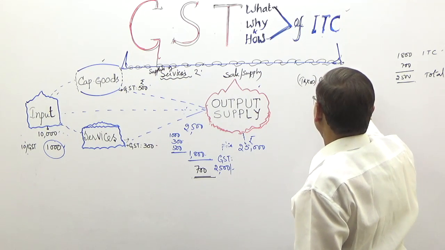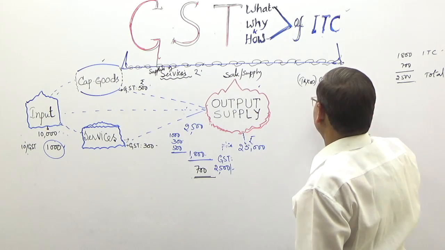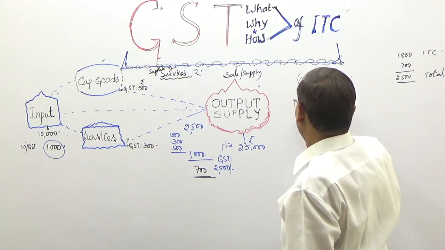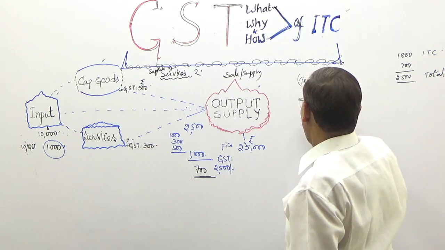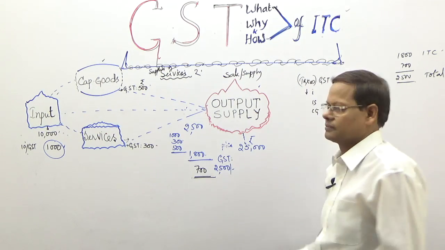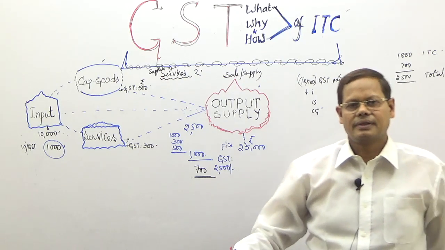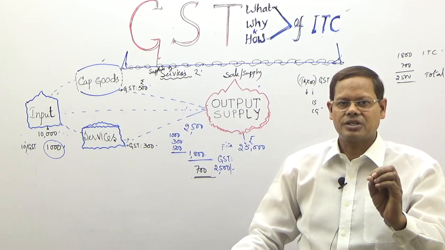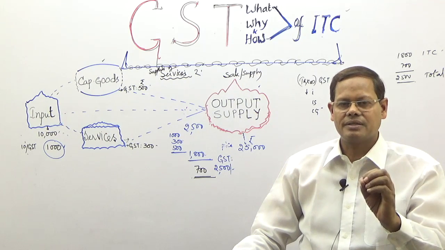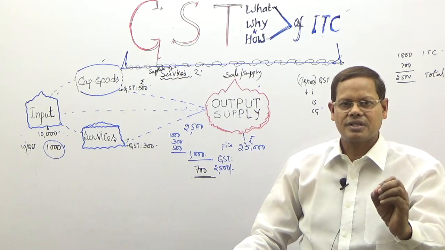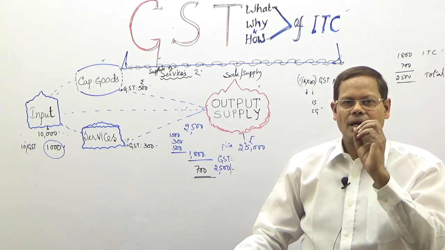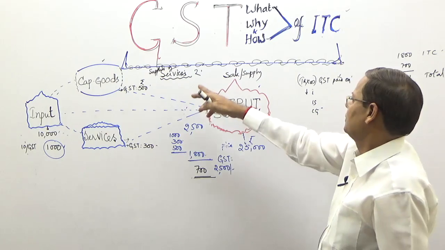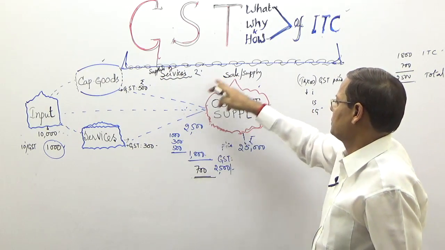GST paid on number 1 input, number 2 input services and capital goods, right? Taxes paid on input purchases, inward supplies, and input services received, and capital goods used in furtherance of business or for the purpose of business.